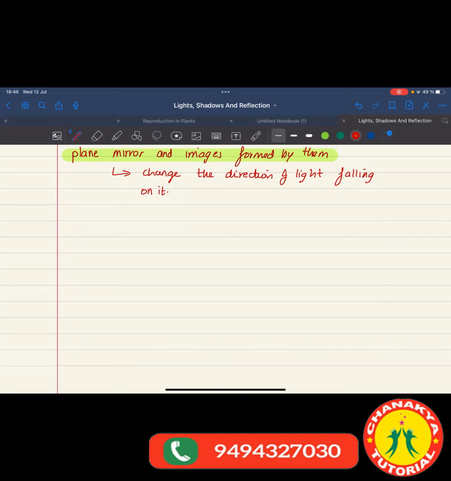For example, this is a plane mirror, a normal plane mirror that you use for reflection. Now light is falling on this plane mirror. You must have learned the word incident that I noted down.